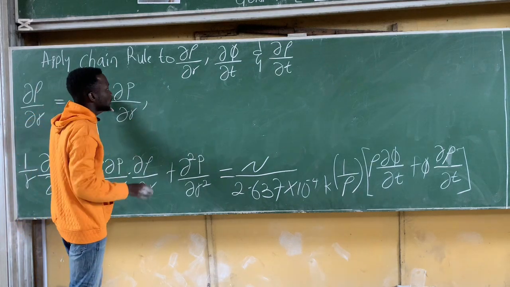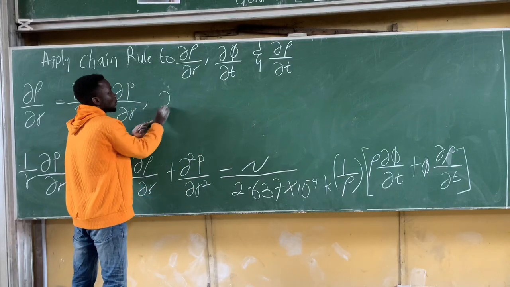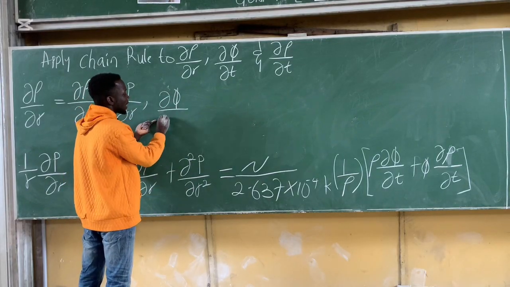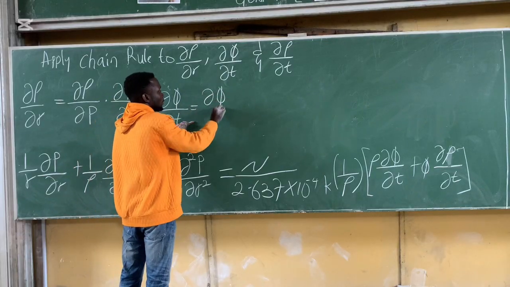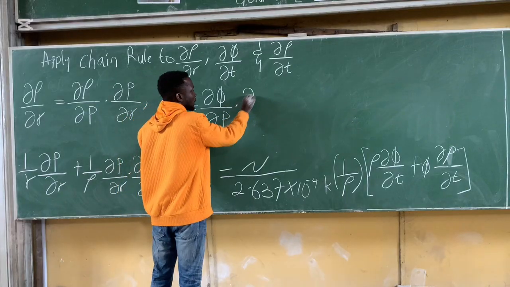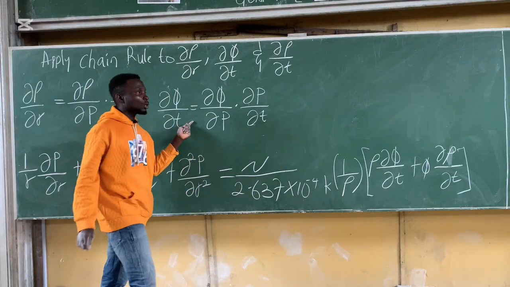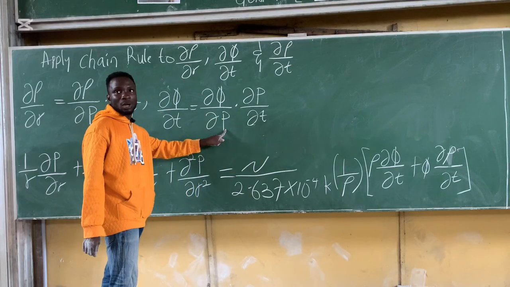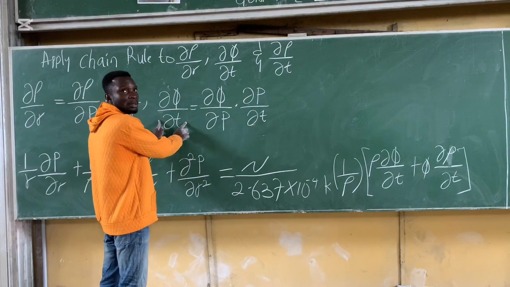Let's do the same chain rule to dφ all over dt. If we do that, we are going to have dφ over dt here will be equal to what? dφ divided by what? Dp multiplied by dp divided by what? Dt. Such that dp cancels out, we will be left with dφ dt, which is the same thing here.